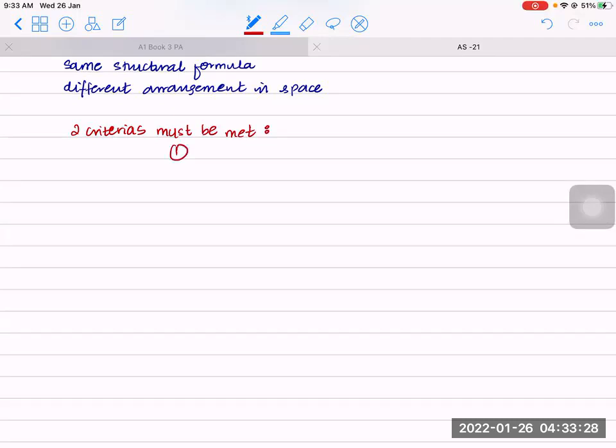The first is you need a carbon with 4 single bonds, or can I say with 4 sigma bonds? Yes, because single bonds are sigma in nature. And since the carbon is making 4 single bonds, can I say the carbon is sp3 hybridized? Yes. So you need an sp3 hybridized carbon.